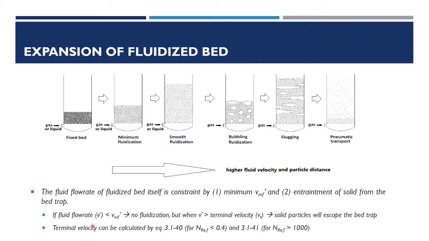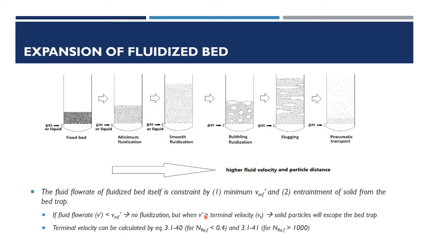If the Vxn is less than the minimum VMF accent, of course there is no fluidization, because the velocity is less than the minimum fluidization. So for the bed to fluidize, the velocity of the liquid must be higher than VMF accent.